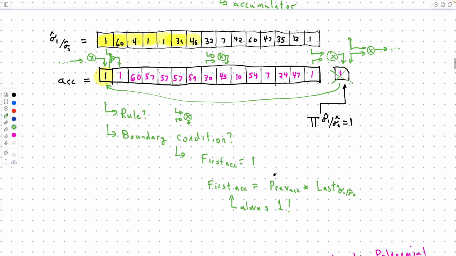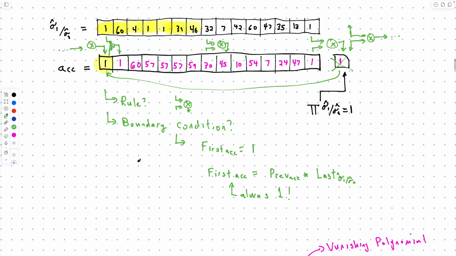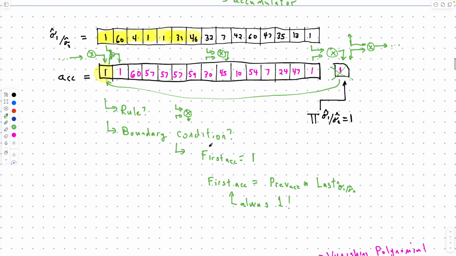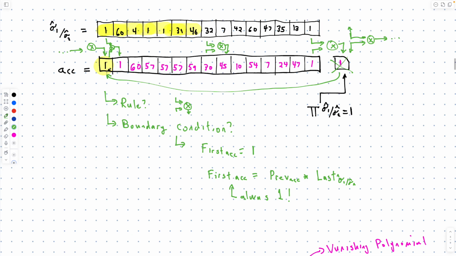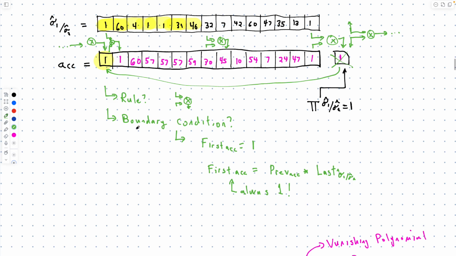So it all works out. What we need to do is check that the rule was applied correctly, and pop open the first element of the accumulator and make sure there's a 1 sitting there. If I do those 2 checks, then I'm happy that everything was done correctly.